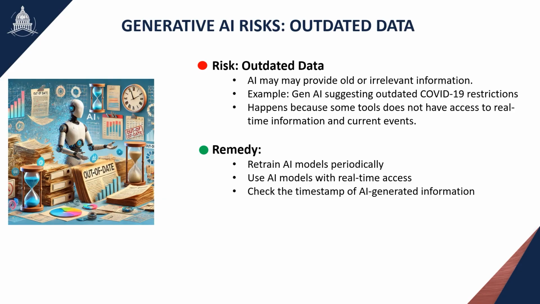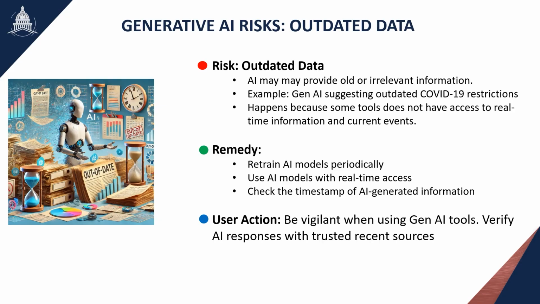Also, you can check the timestamp of AI-generated information before using it. In other words, check when the AI model's information was last updated to make sure it's still accurate. So, AI is powerful, but it must be kept updated. As a user, always double check before using AI-generated information.